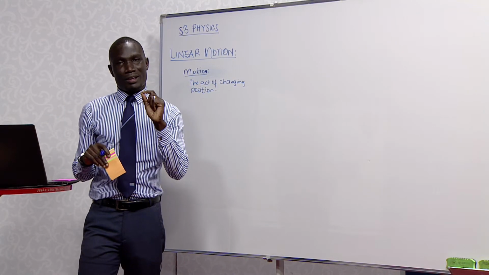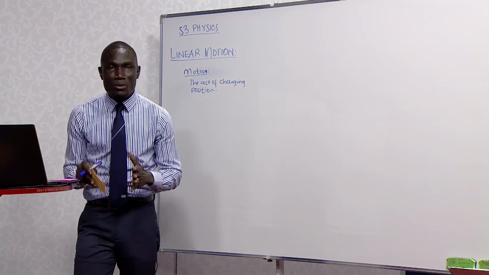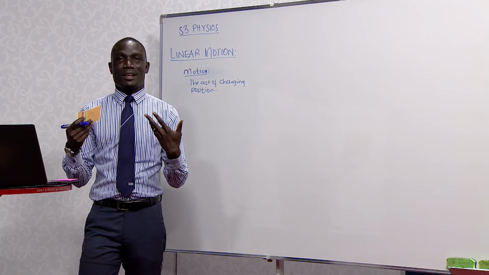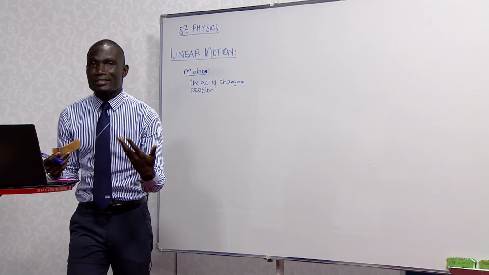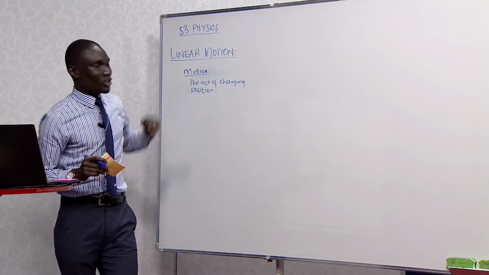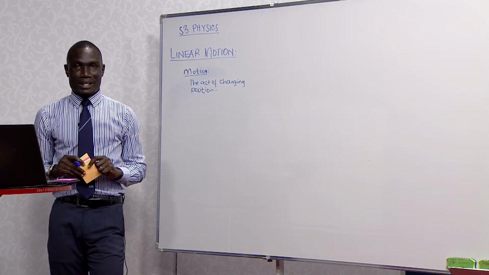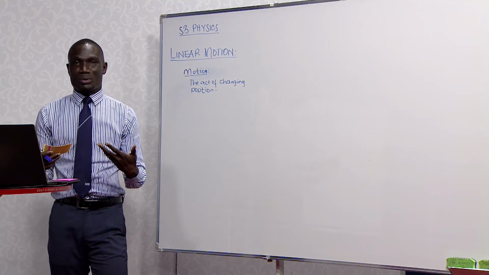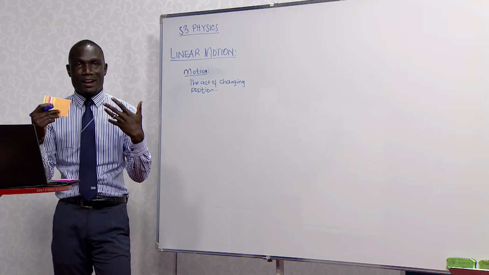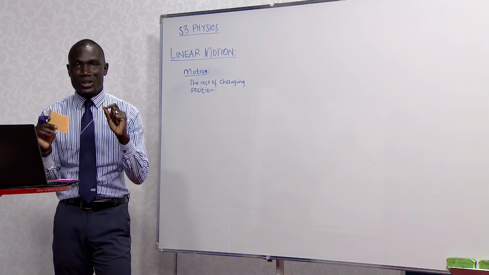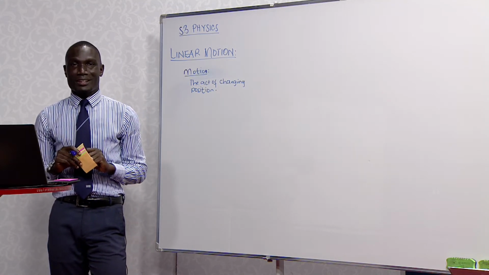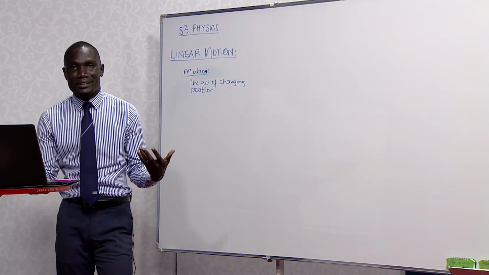Now, if you are moving and the movement is along a straight line, we then call that linear motion. During that process of changing position, if your movement is along a straight line, we call that linear motion. So how would we define linear motion?